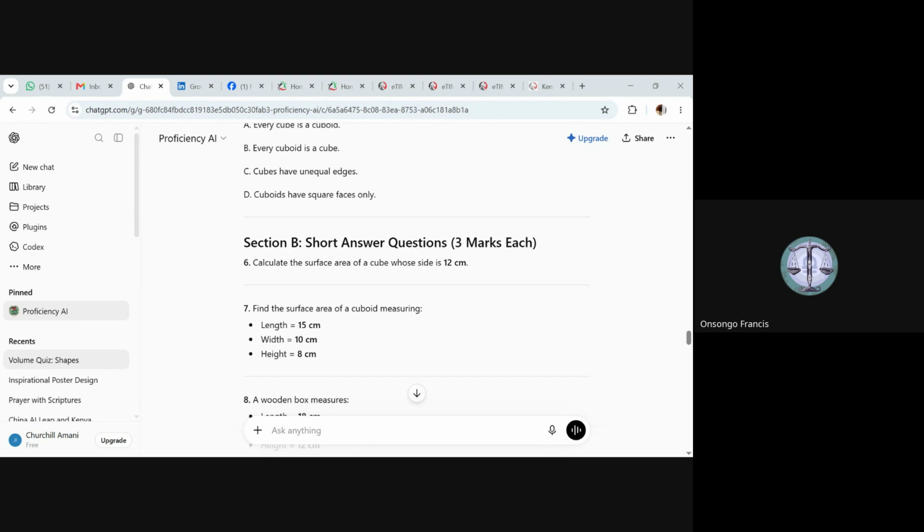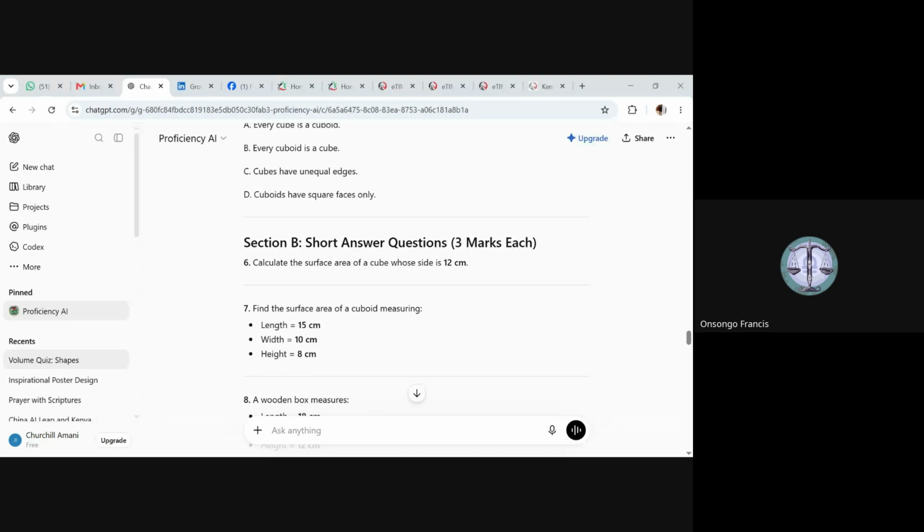Number 7, find the surface area of cuboid measuring length 15 centimeter, width 10 centimeter, and height 8 centimeter. Yani 2 into length times width plus height times width plus length times height.